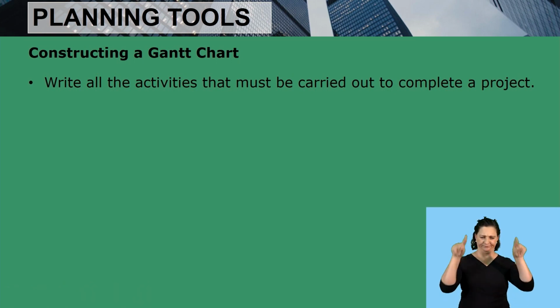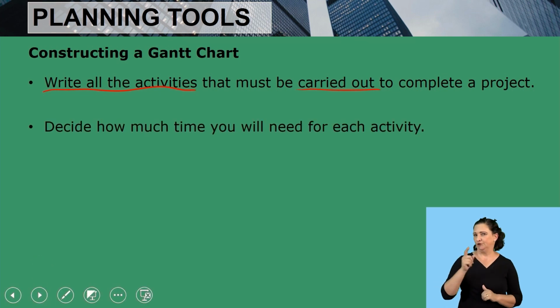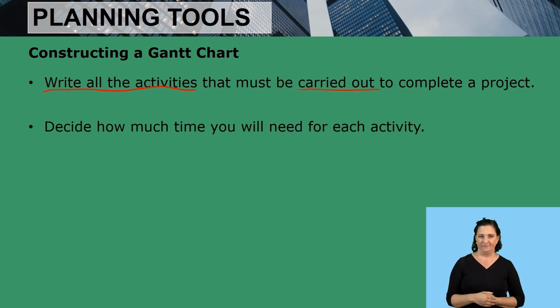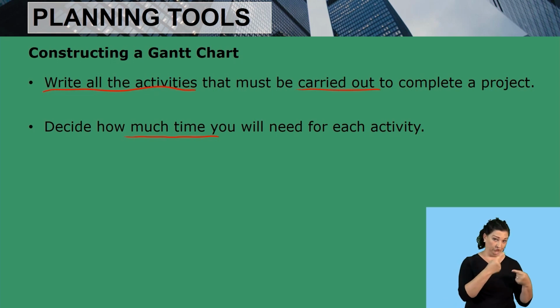Then how do we construct a Gantt chart? Write all the activities that must be carried out to complete a project. So we need to write all activities that must be performed to complete this particular project of starting a business. Decide how much time you will need for each activity. So when you draw up a Gantt chart, the first step is to write down the activities that must be carried out and also have a time frame.